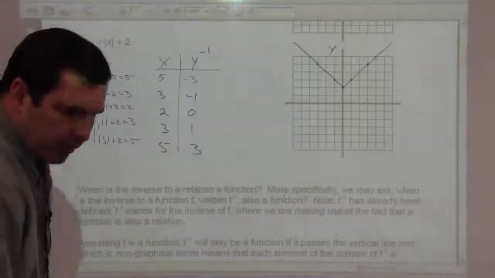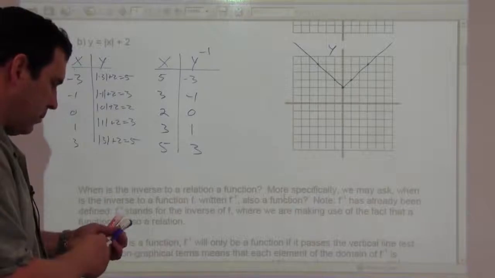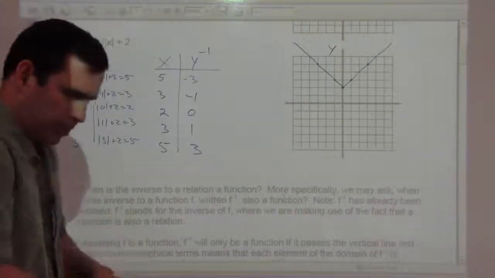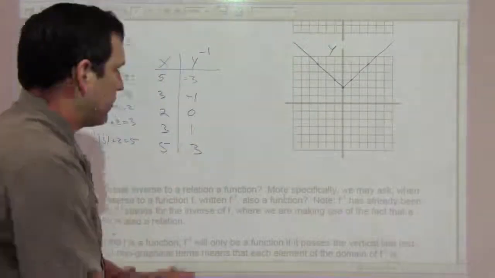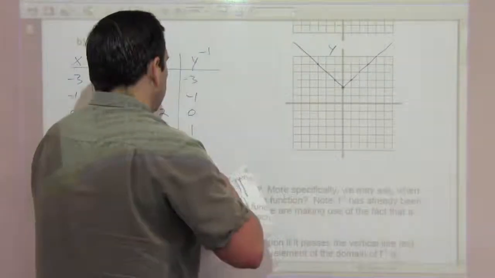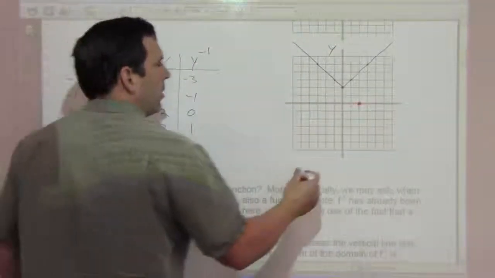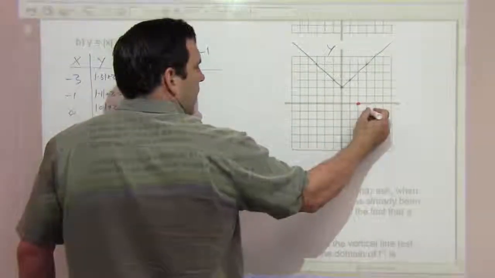So I'm going to change colors for this graph. Maybe we'll go to orange. See how well it turns out. So we have 0, 2, 0. Then we have 3, -1, and 3, 1.